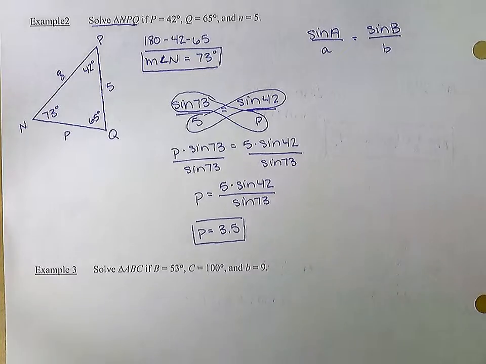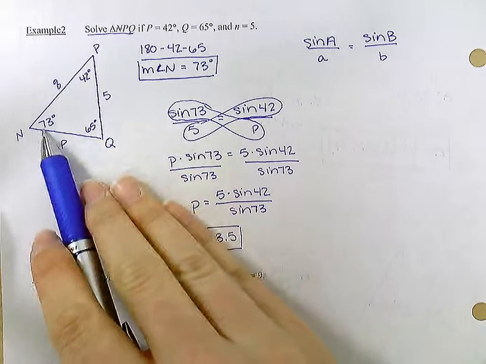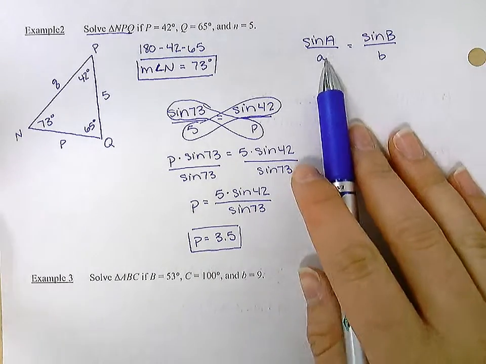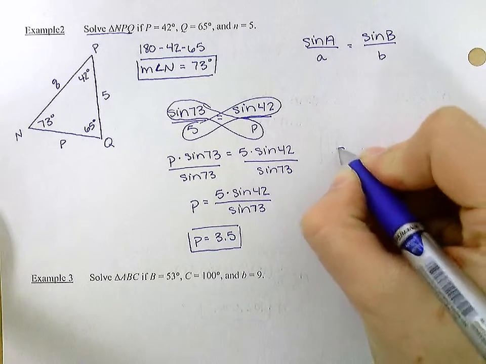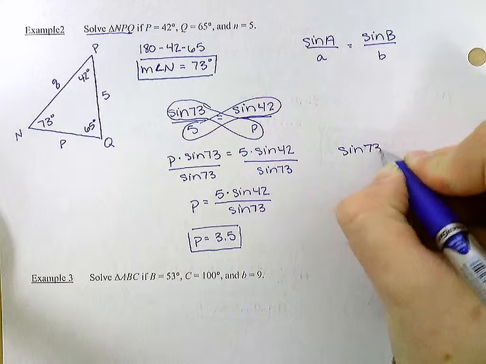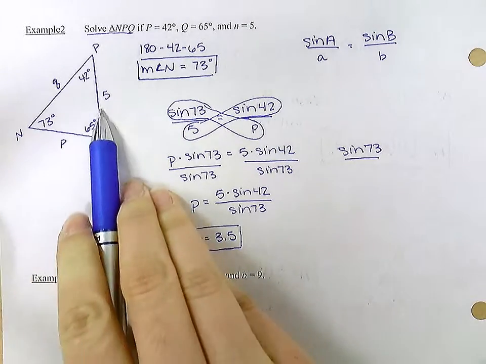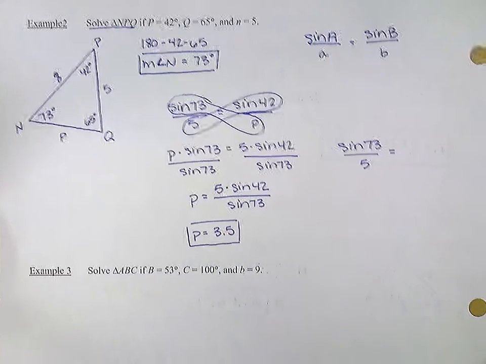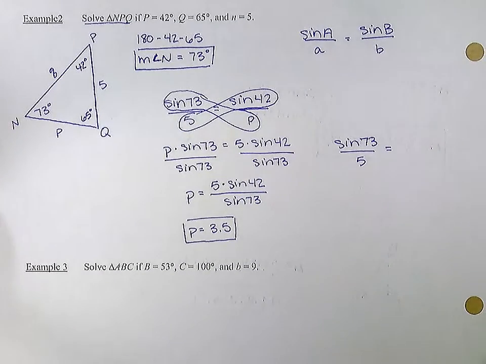Okay, so finding side Q, I'm still going to use angle N and its opposite side in law of sines here. So I have sine of 73 over its opposite side, which is 5. What will that have to equal then?